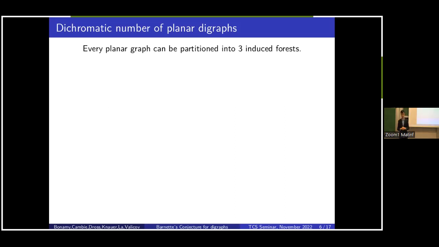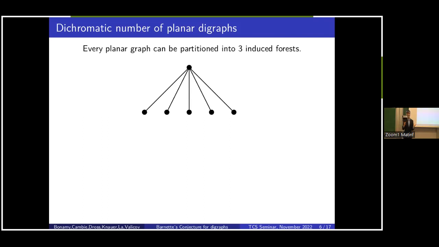So the first thing that we can say about this is actually partitioning into 3 induced forests, so not even acyclic set, it's even acyclic in the undirected setting, right? Is actually very easy. And this just uses the 5-degeneracy of planar graphs, meaning that every planar graph contains a vertex of degree at most 5, right?